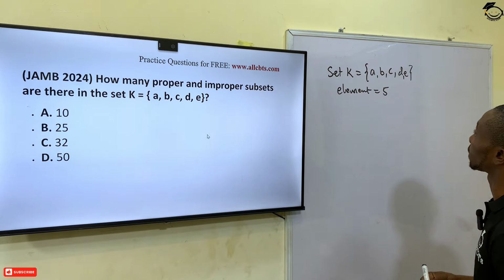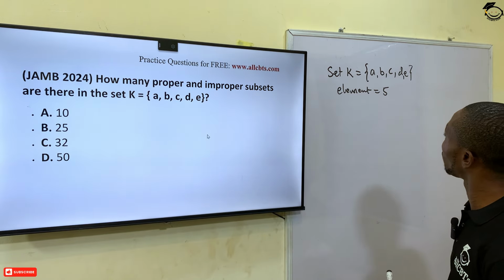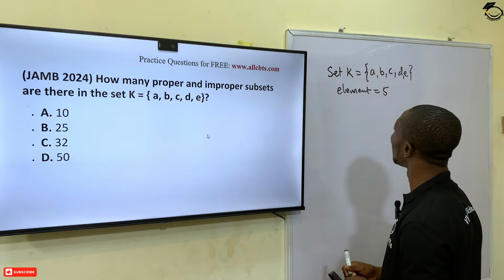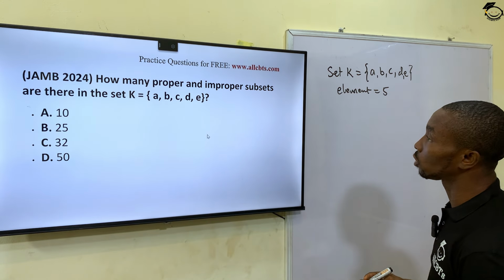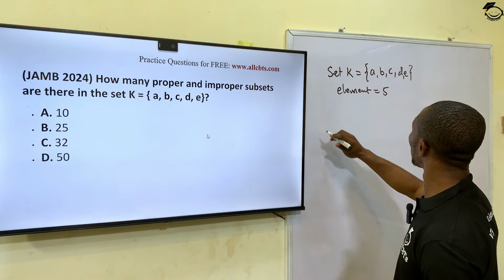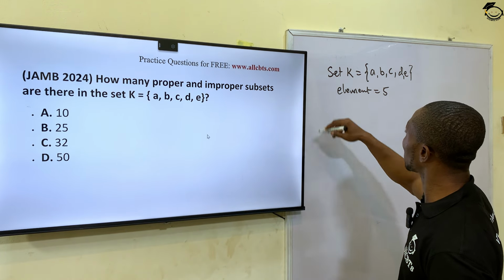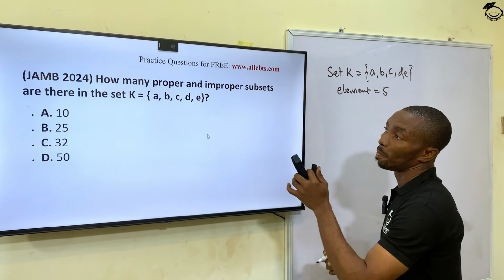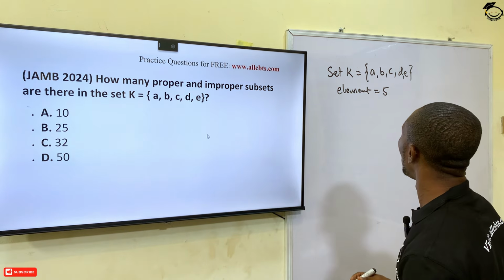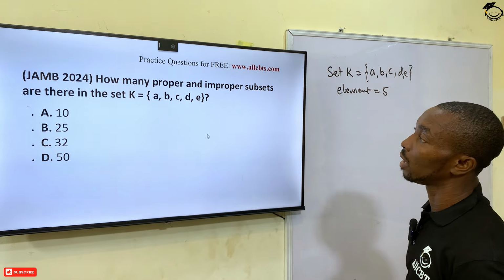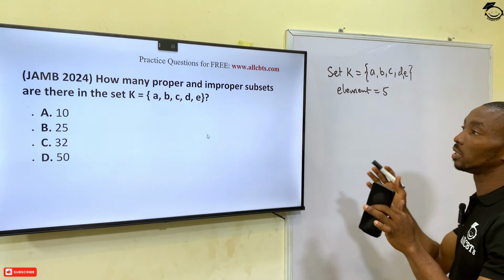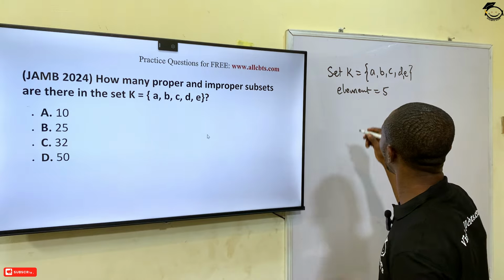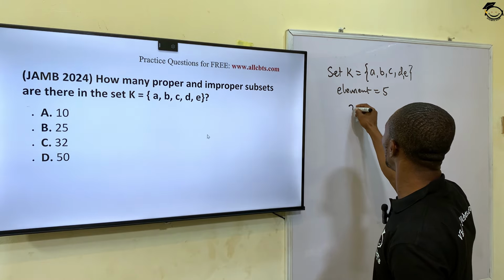Okay, the set K has 5 elements in it. And for our proper subsets, these are sets that can be formed from the set K, excluding the set itself.